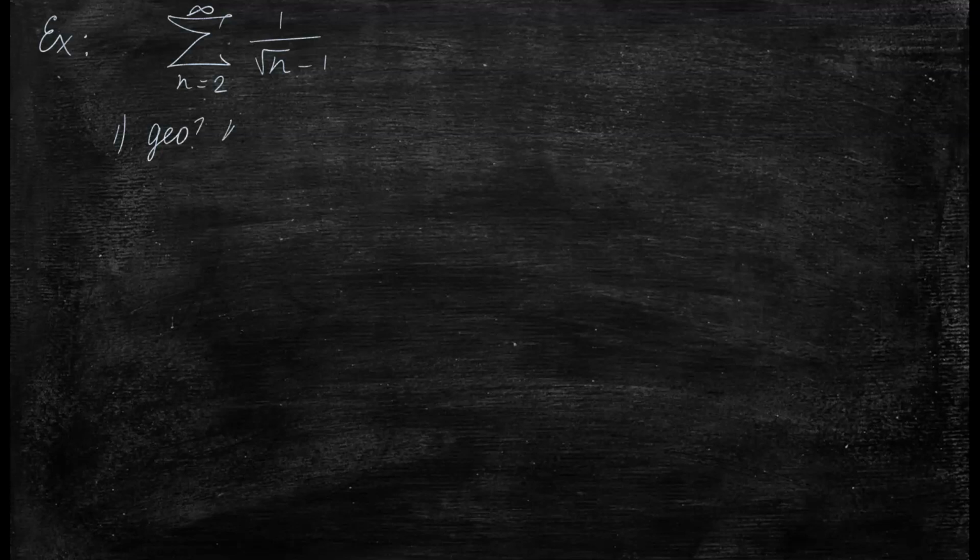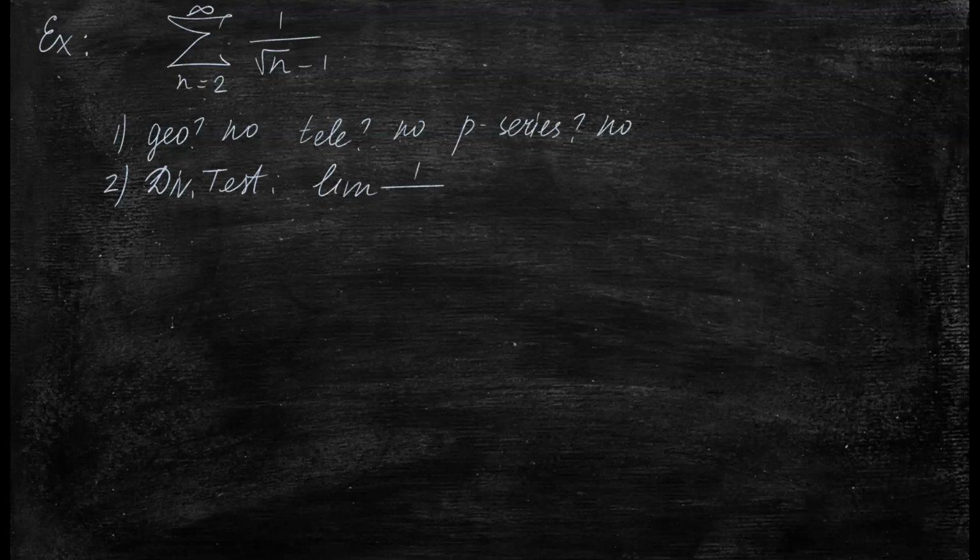Is this geometric? No. Is it telescoping? I don't recognize it as telescoping. Is it a p-series? The answer is also no. So if we run the divergence test, what's going to happen? The limit of the nth term as n goes to infinity will be equal to 0. So that means the test is inconclusive.